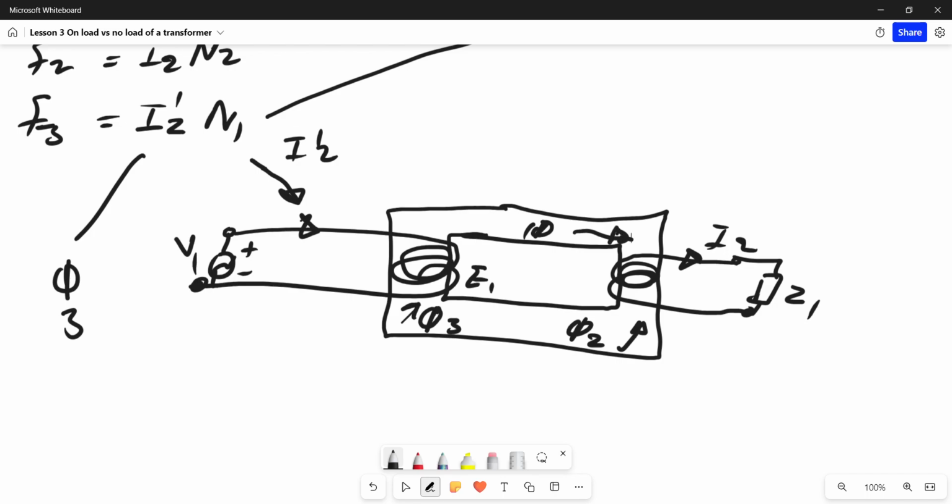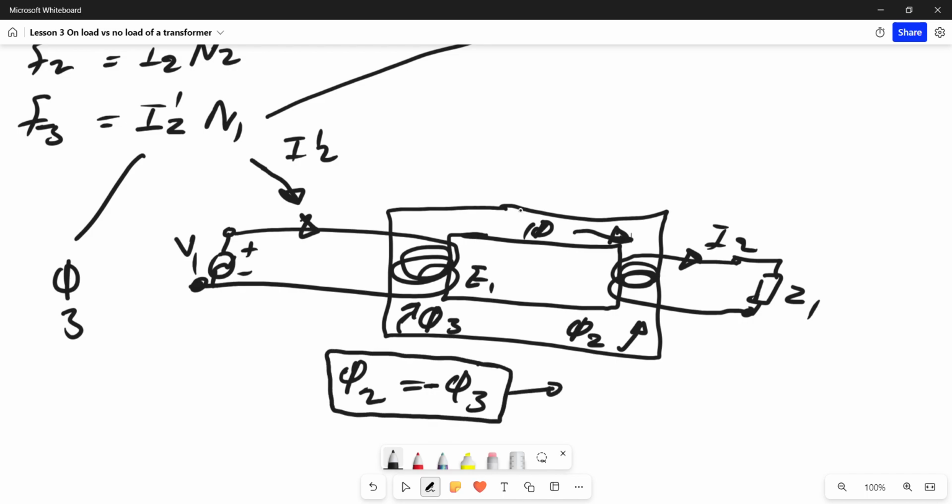So you realize that flux 1 and flux 3 are in the same direction, and flux 2 is equal to minus flux 3. Minus for the direction: they are opposite in direction but equal in magnitude. This flux 3 is a result of I prime 2, the additional current, going through the primary turns.